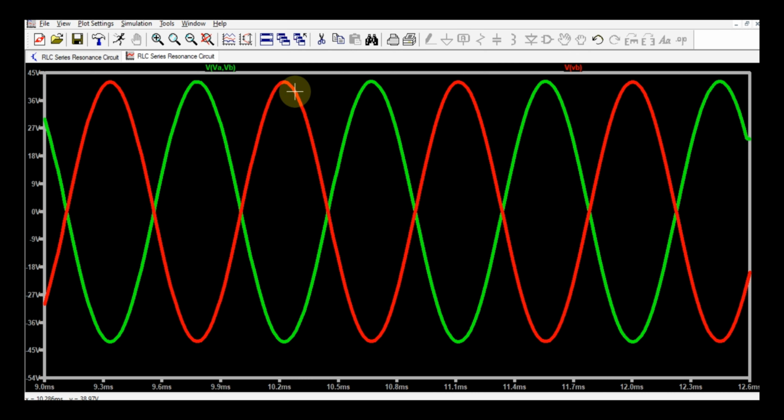So you can see clearly here that the magnitude of the voltage across the inductor and the voltage across the capacitor is the same, but in opposite polarity, right? Opposite polarity. So here you can see it's high and here you can see it's low.